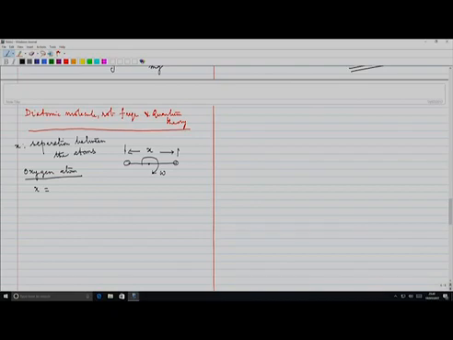The separation between the atoms is 1.20 into 10 to the power of minus 10 meters. All this data will be provided to you.